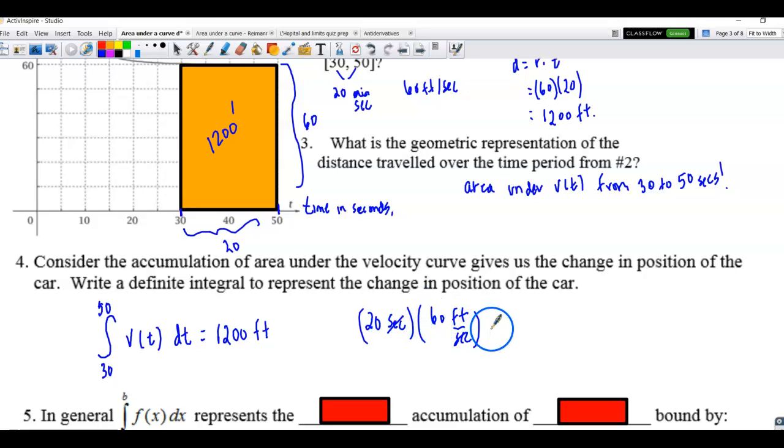When you integrate a rate, you lose the rate, basically. We had feet per second, but those per seconds divide out in the numerator and denominator and give me the 1,200 feet, which takes me back to position. That's your first experience with a definite integral.